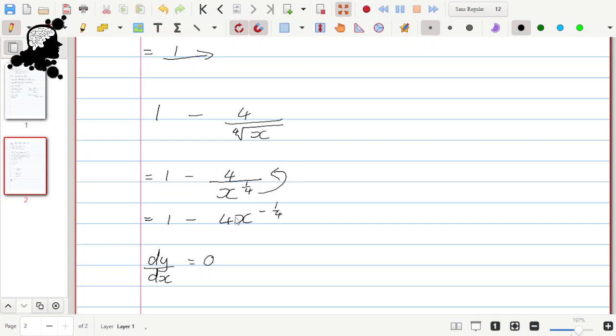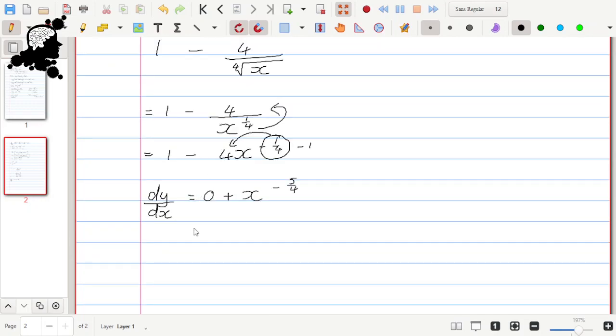Then we get to negative 4x to the power negative 1 over 4. Multiply the exponent by the coefficient. Negative 1 over 4 times negative 4 will give us positive 1. So this is just x. Subtract 1 from the exponent. Negative 1 over 4 minus 1 will give you negative 5 over 4.